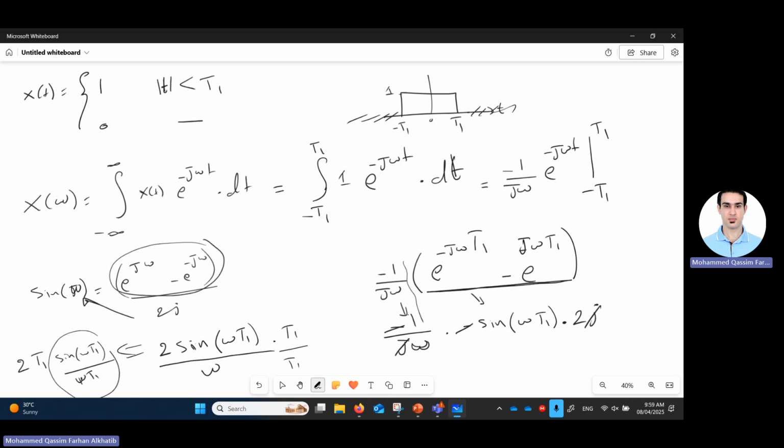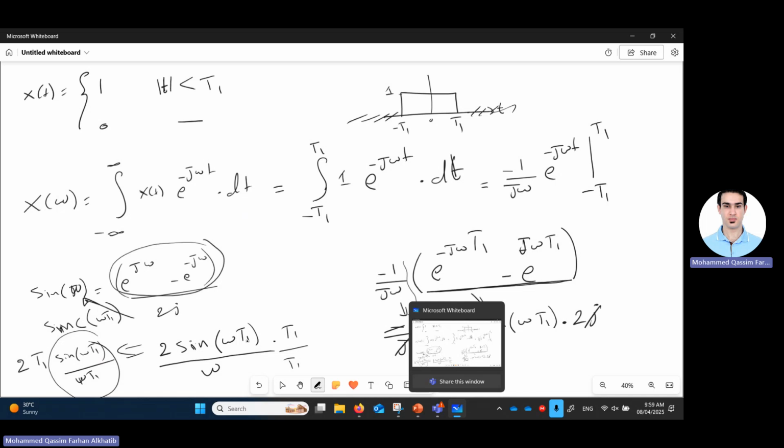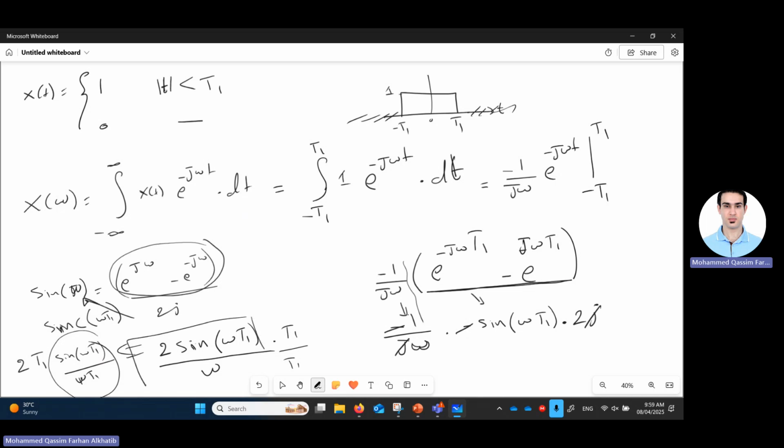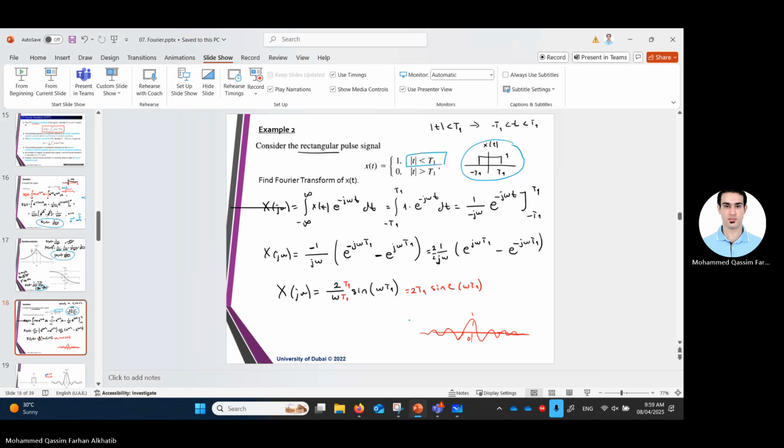Just to say that this is what we call a sinc function, sinc omega t1. Sinc x equals sine x over x. All right, so that is the final answer, but to me that is enough. You reach this point, that should be more than enough. Okay, so that's the sinc.